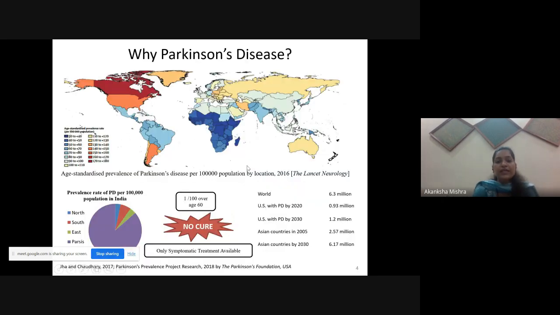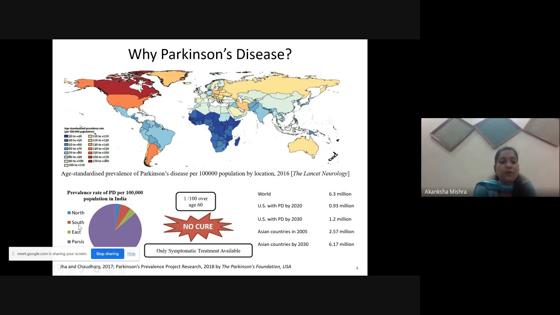Now we will go to the next slide. What is special about Parkinson's disease? I mean, why is the whole world going after research on Parkinson's disease? The reason is, first of all, the patients of the disease are growing rapidly. If we talk about our country, then there are more than 70 to 80 people per 10 lakh suffering from PD as per the 2016 data.